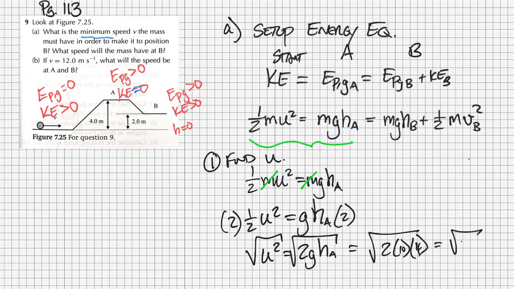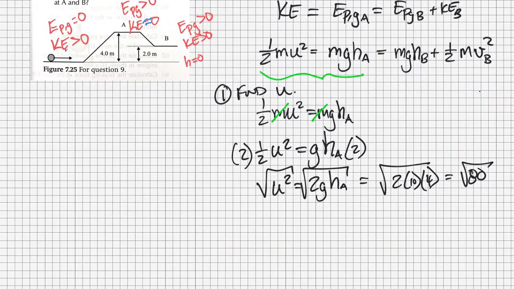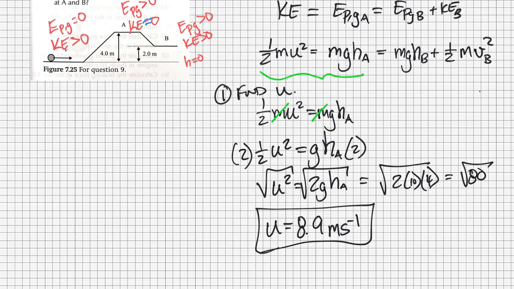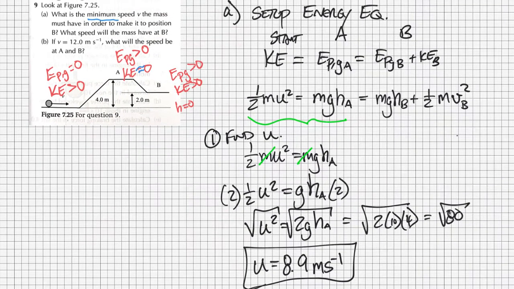So that's the square root of 80, which is going to be 8.9 meters per second. So that's the minimum speed. Again, any faster than that, and we're going to be successful regardless. And then for the second part, it says what speed will the mass have at B?